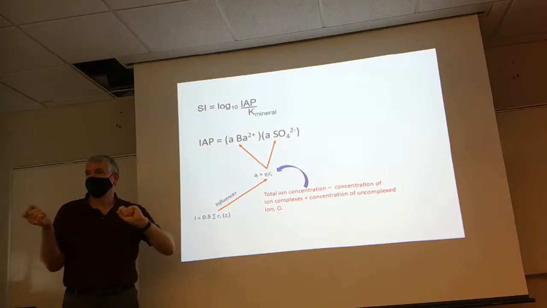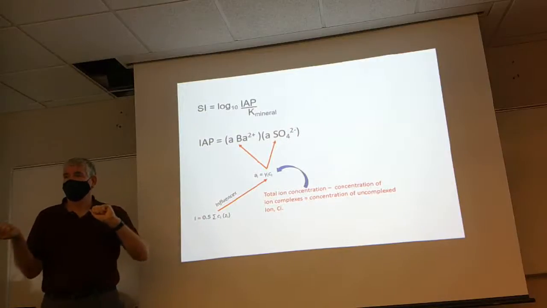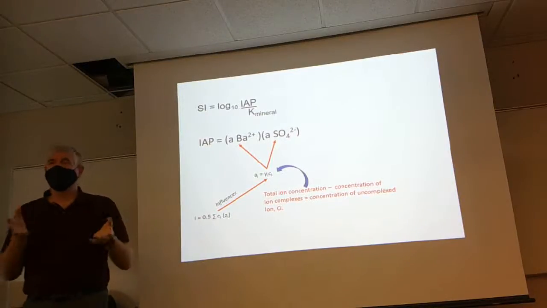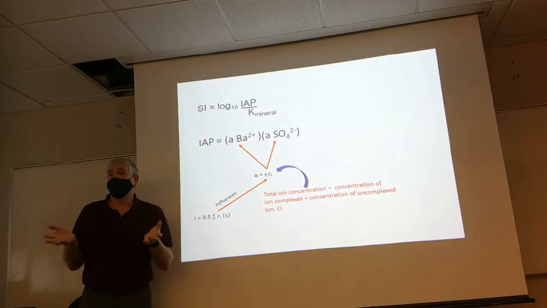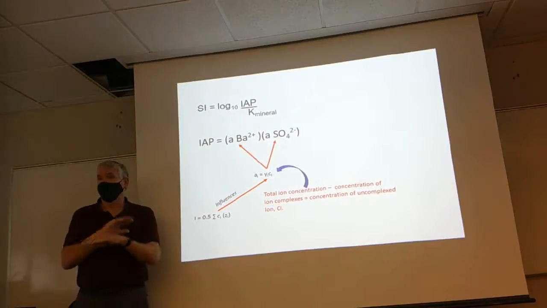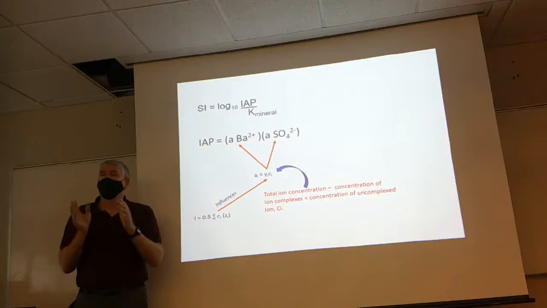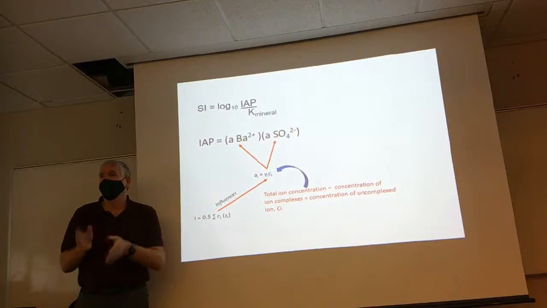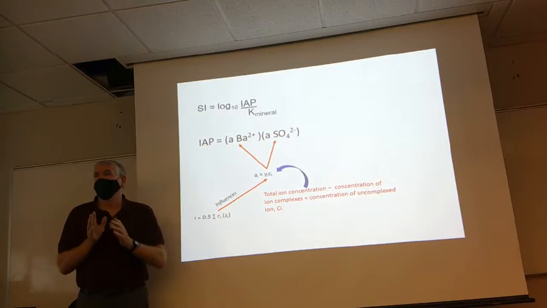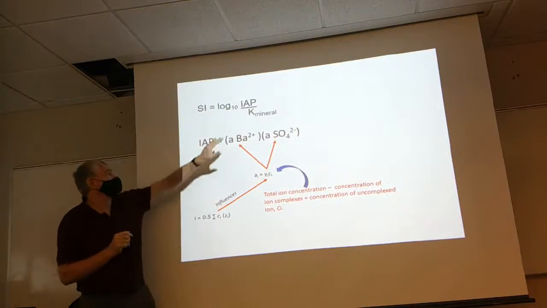It's like 25 degrees Celsius in 1 atmosphere. Yes, so very controlled conditions in pure water. We're not having anything else in the water: pure water, 25 degrees C, 1 atmosphere. It's the amount of calcium carbonate that would go into solution. So that's the laboratory.